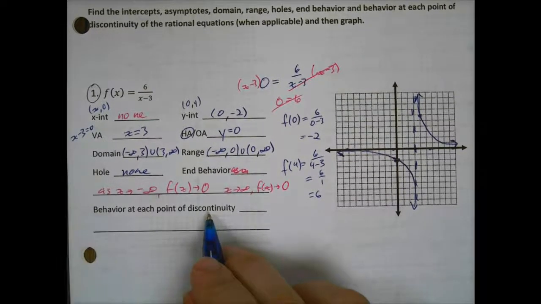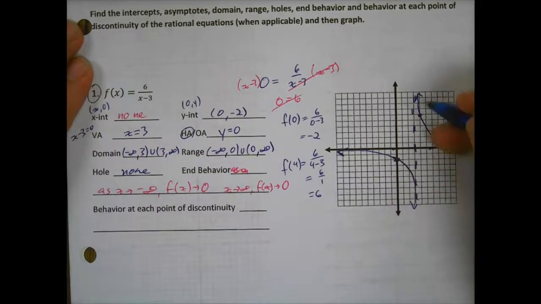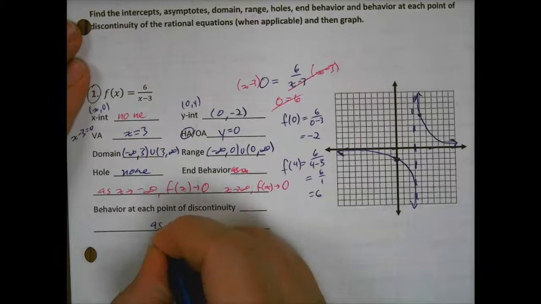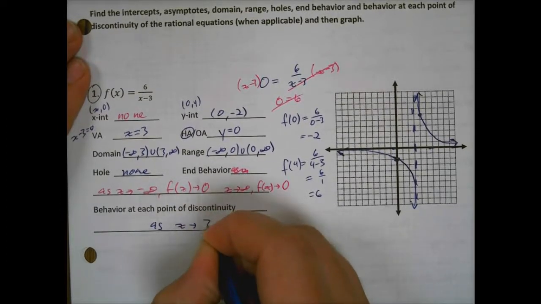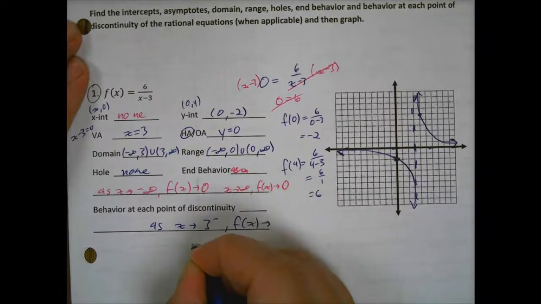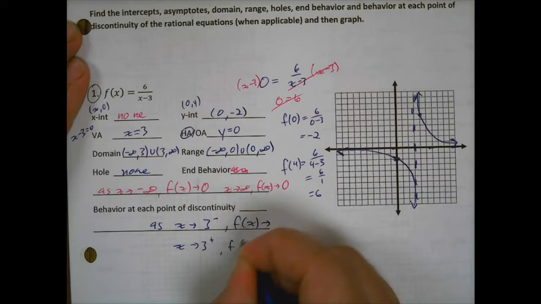All right, this next part, behavior at each point of discontinuity. This is the removable, the infinite, or the jump discontinuity that we have been talking about. In this case, I see that we have an infinite discontinuity, happening when x equals 3. What we are looking for here is, as x approaches 3 from the left, what is our y value approaching? And as x approaches 3 from the right, what is our y value approaching?